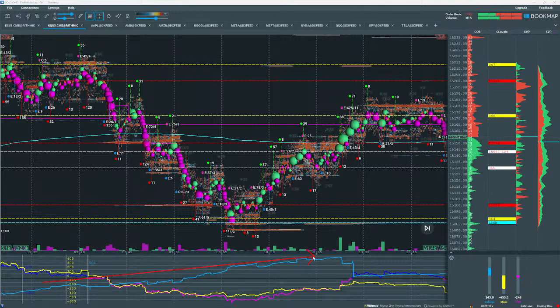Larger traders are fading this move with iceberg orders. So larger traders are buying on the way down with iceberg orders as price approaches this key level right here. And then price reverses higher.